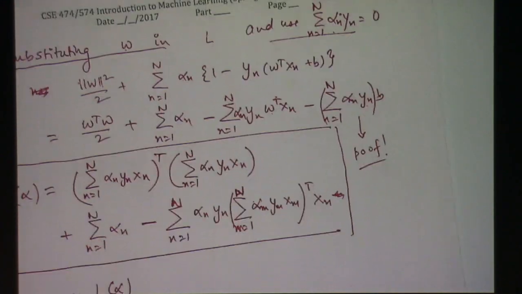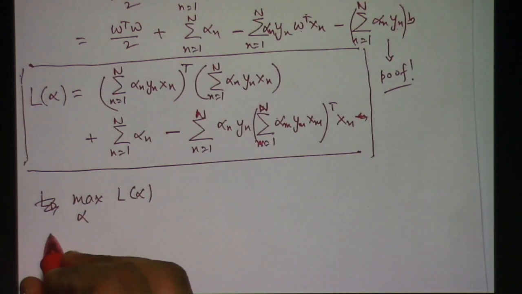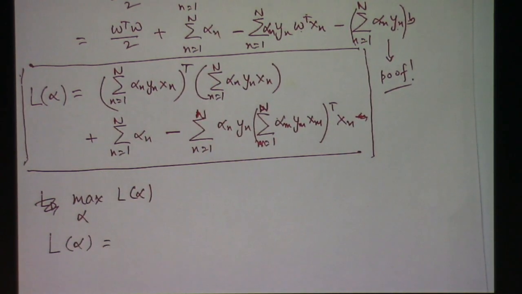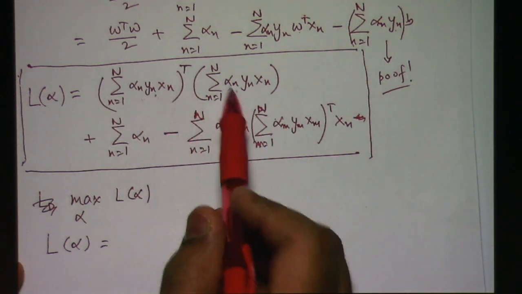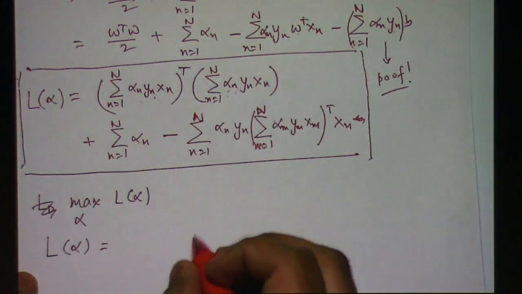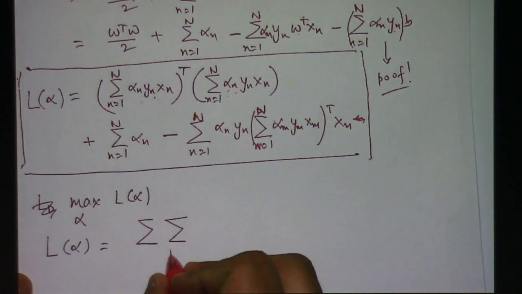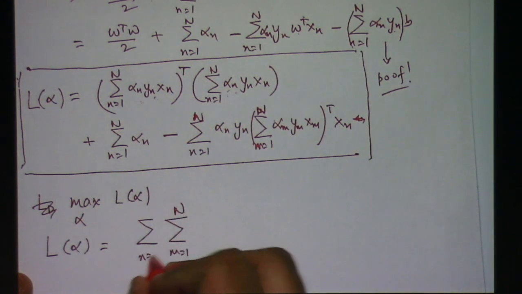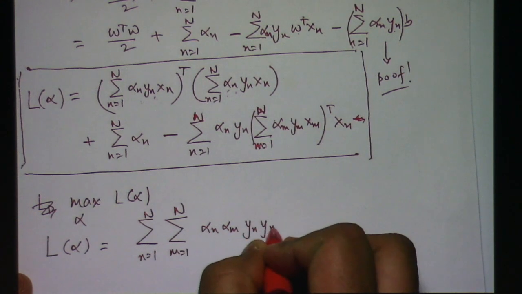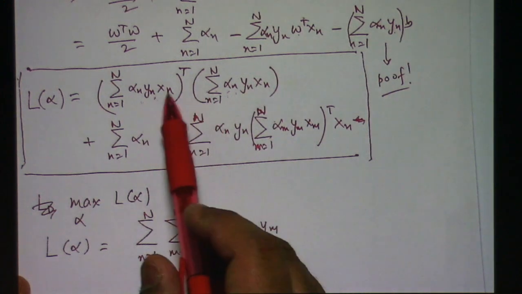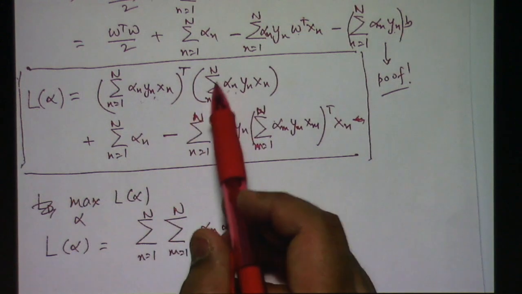This is important. Now I'm going to rewrite it like this. L of alpha can actually be written as two summations, m equal to 1 through n and n equal to 1 through n, of alpha n alpha m y n y m. I'm just multiplying these two. Think about it: this is a vector with a summation inside, and this is also a vector with a summation.